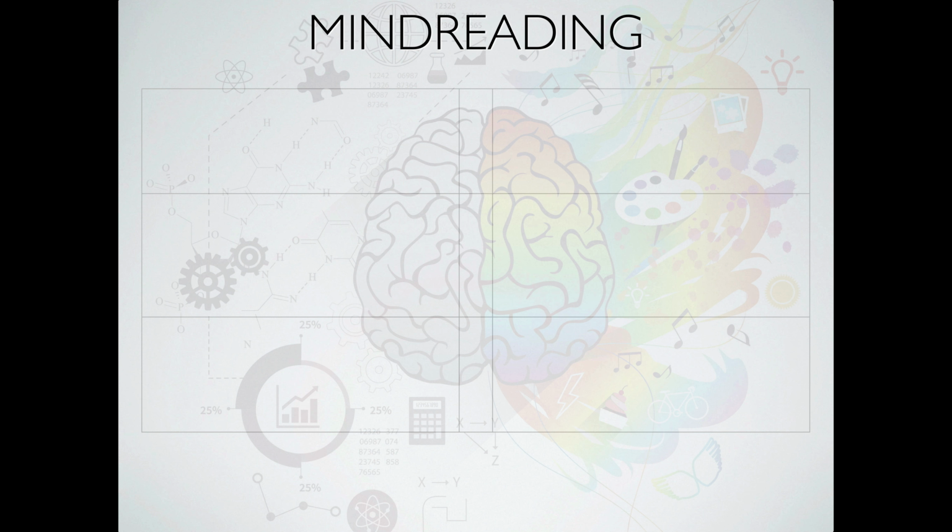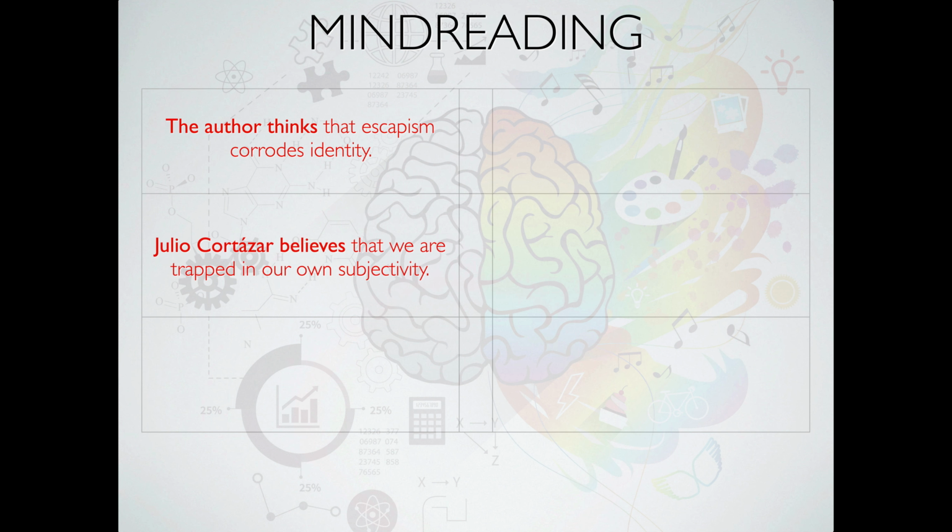Students may write sentences such as, "The author thinks that escapism corrodes identity," or "Julio Cortázar believes that we are trapped in our own subjectivity," or "Cortázar is trying to show us that security is illusory." These phrases imply that you are able to read the author's mind. They suggest that you know what the author was thinking when they wrote the text, which, of course, you don't.